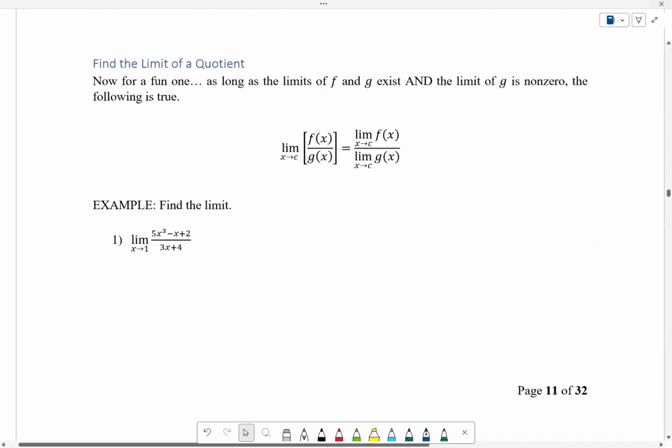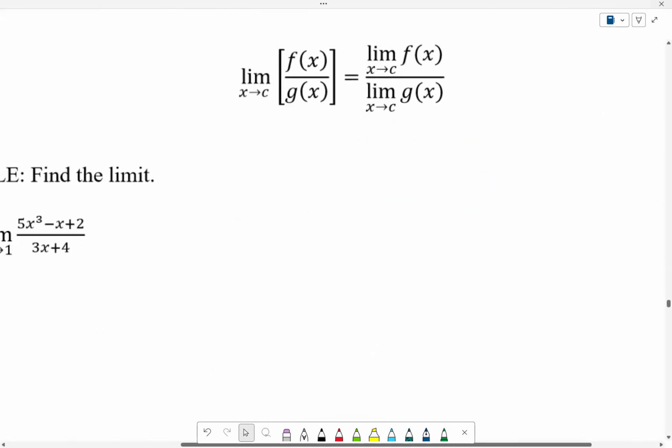On to over here. Okay. Is this a surprise to you? Yeah, these are very, very straightforward. The only thing is you have to be careful to make sure that the denominator is never 0.